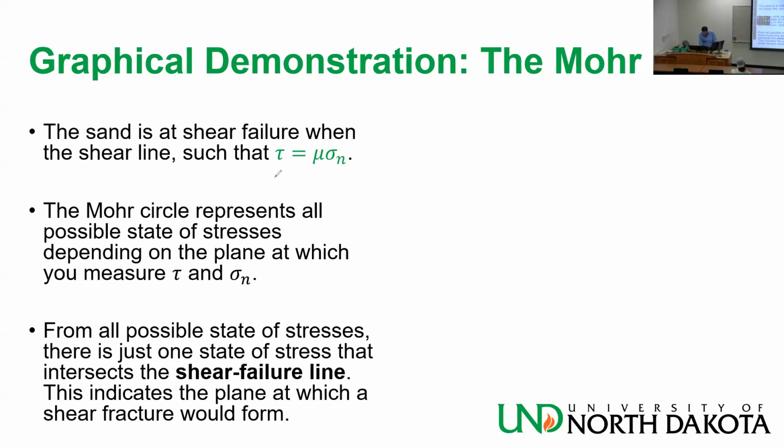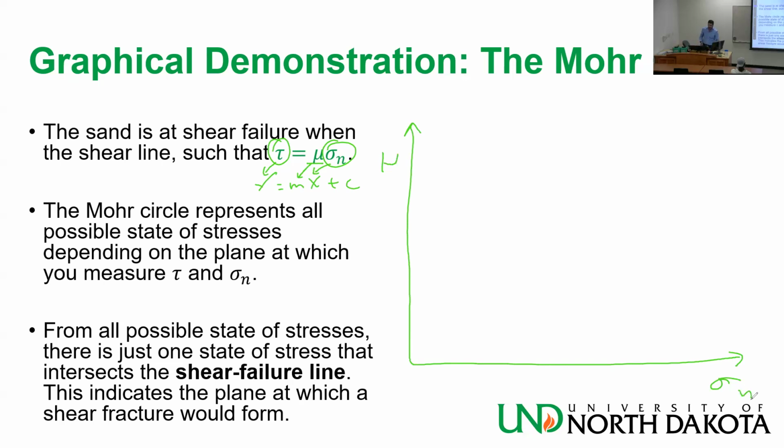Okay. So we said y equals mx plus c. This is x. This is y. So this is mu. So let me plot it. Tau, sigma n. How will the line look? What will be the slope? Who said y?